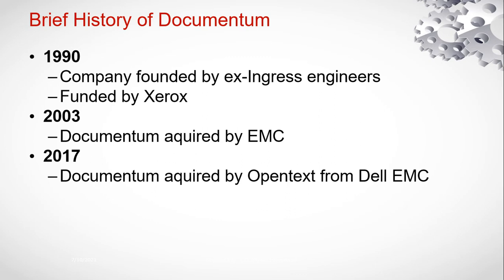Sometimes it will be referred to as Documentum, sometimes EMC Documentum, sometimes OpenText Documentum. All are the same. Since it was owned by different companies at different times, the owner company name is prefixed to that software. So all are Documentum. Don't get confused about that.